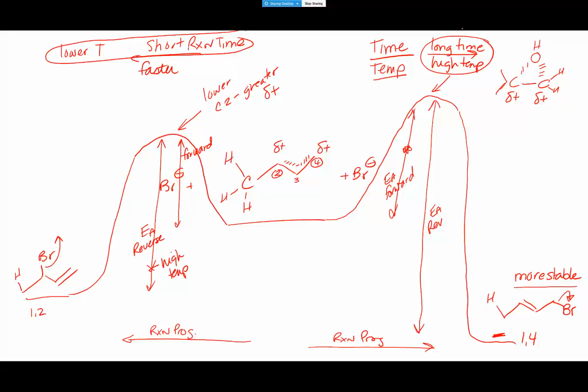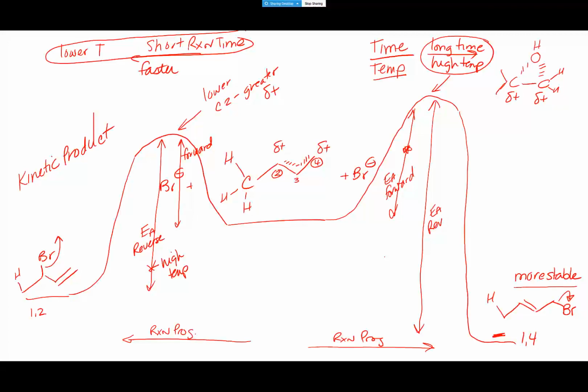Okay. Is everybody kind of with me? So now let's apply some terminology to this. The product that's formed with the lower temperature and the shorter reaction time is going to be called the kinetic product. Why is it called the kinetic product? Because it's the product that's formed fastest.